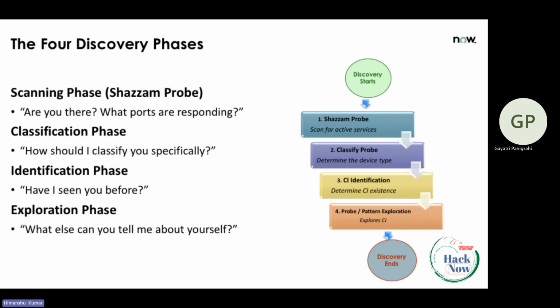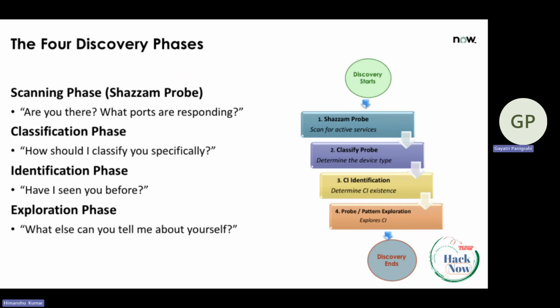So if you ever look at the discovery process, you will see two types of status, created or updated. Whenever you see the discovery status is created, it means this is a newly created record.